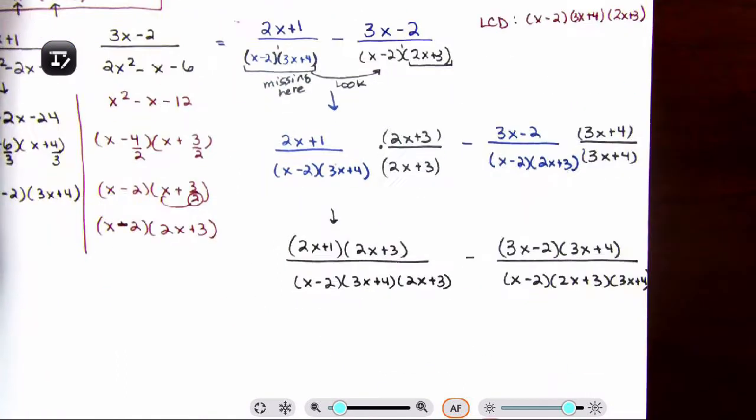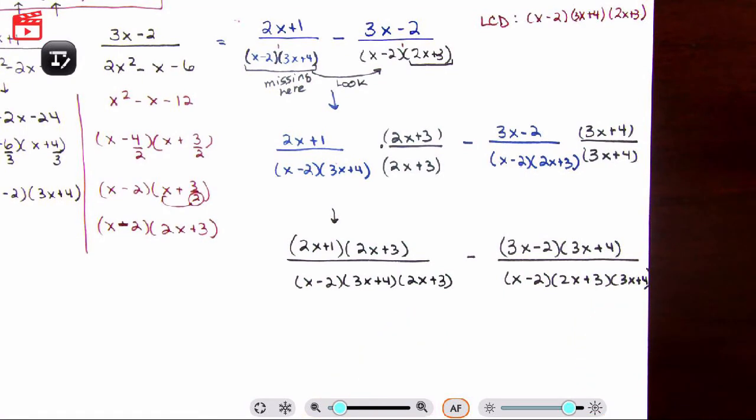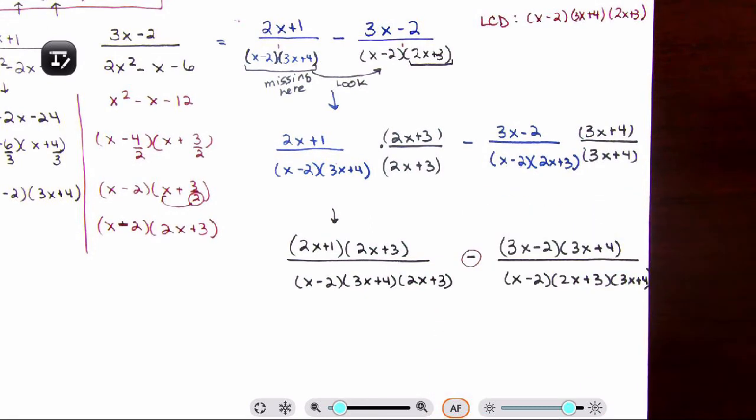So now that we have a common denominator, so all the bubbles in the denominator match with the same quantity, meaning the exponent is the same, we need to go to step number 3. And step number 3 says, if we are subtracting, convert to adding a negative. So here's my subtraction. So we need to convert that to adding a negative. So what you're going to do is distribute that negative.